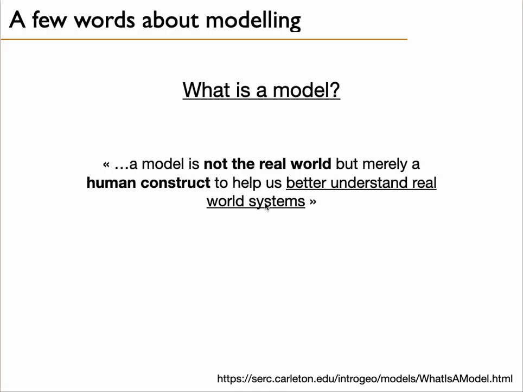So to understand a real world system, we construct a model. We can construct potentially a smaller scale model that will be used to imitate what is happening in the real world. So we need to construct something that we can study in order to understand the real world system.